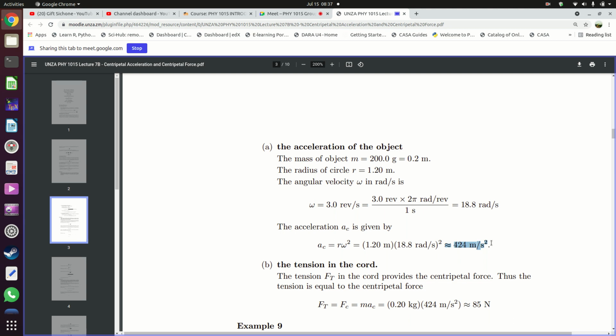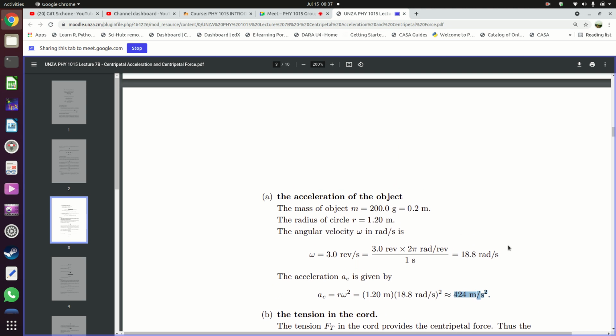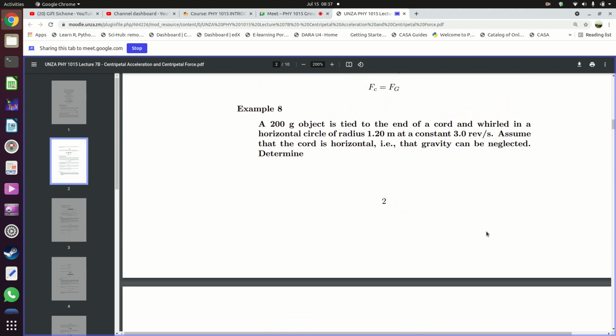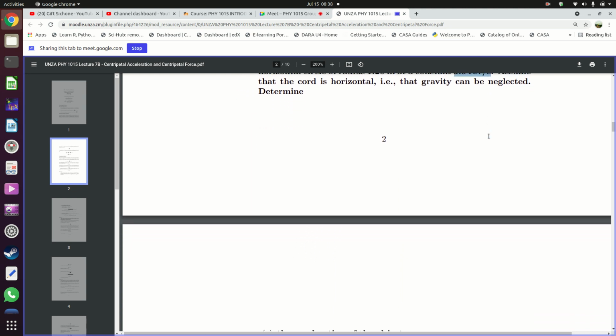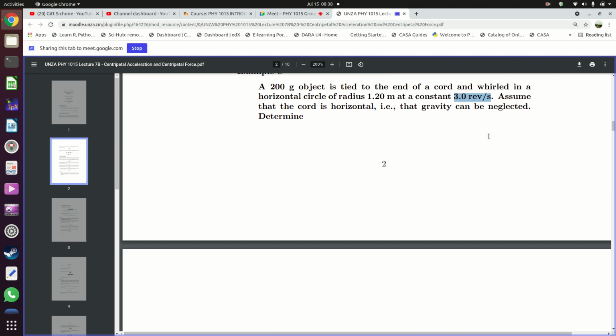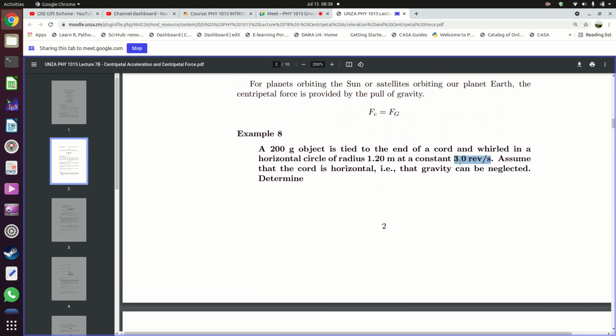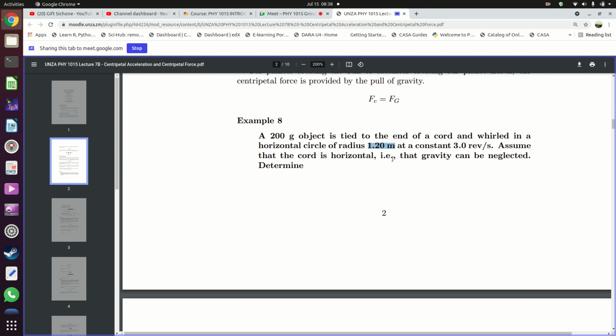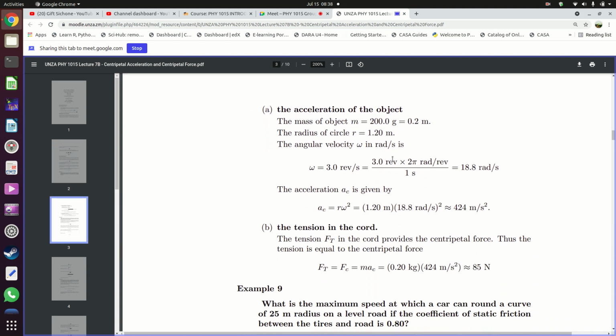442 meters per second squared. The one thing about centripetal acceleration I want you to see is this: look at the revolutions, I don't think this is very fast, and the radius, but you look at the resulting acceleration.